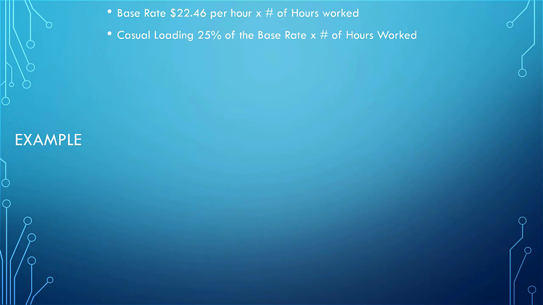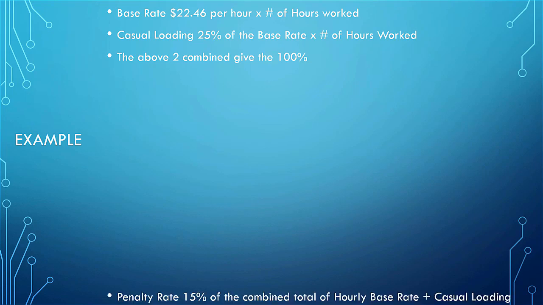If you're a casual employee, the casual loading is 25% of the base rate multiplied by the number of hours that you work. And the above two rates give you the 100% out of the 115% penalty rate.